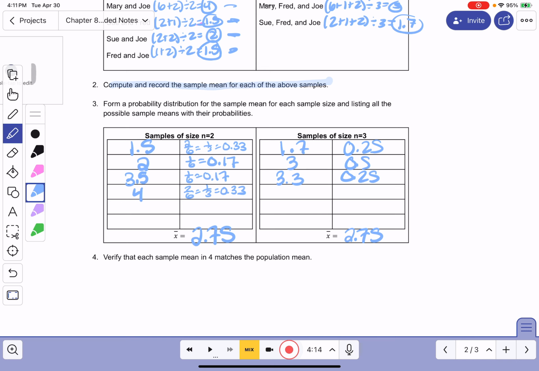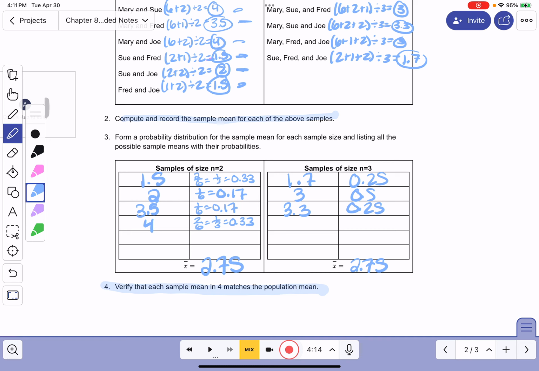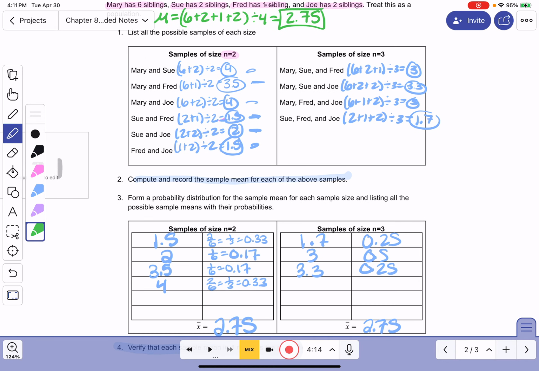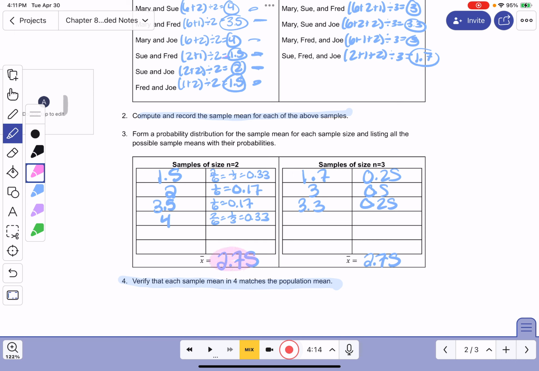Well, it shows us that for the sampling distribution of the mean, when we list all of our possible sample means, the average of that is always going to be the same as our population mean. So this is showing us that we can use a sample and the mean is going to stay the same, so we don't have to worry about that changing with our sample.